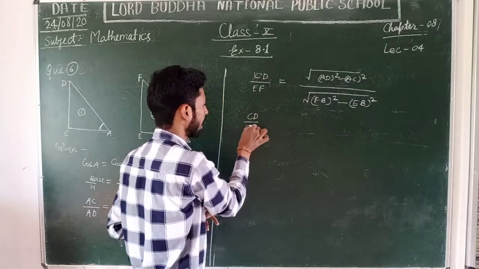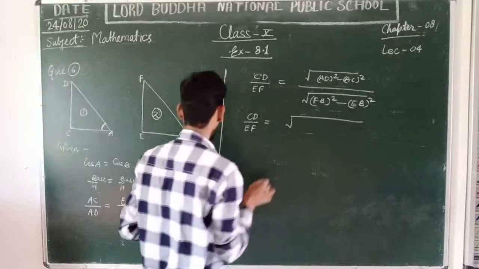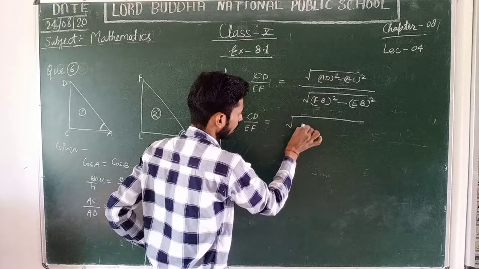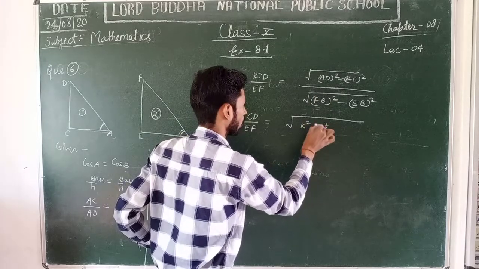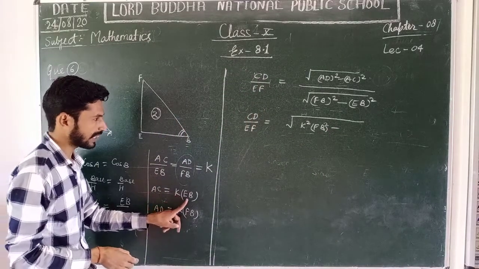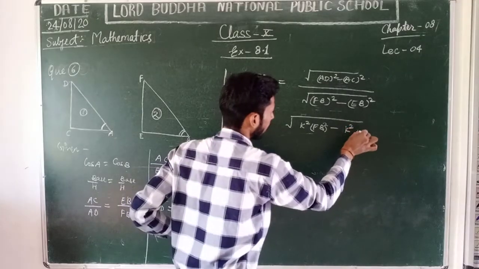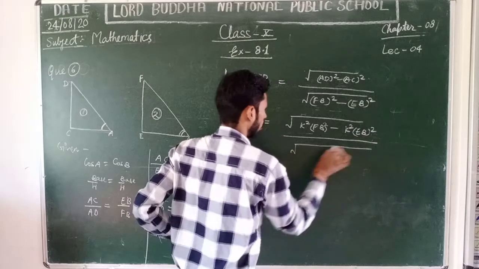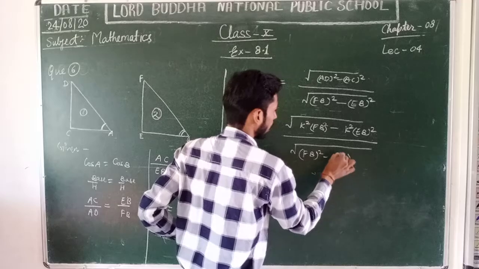So CD upon EF is equal to square root of, in place of AD we put K into FB, so K square FB square, minus, in place of AC we put K into EB, so K square EB square, upon square root of FB square minus EB square.